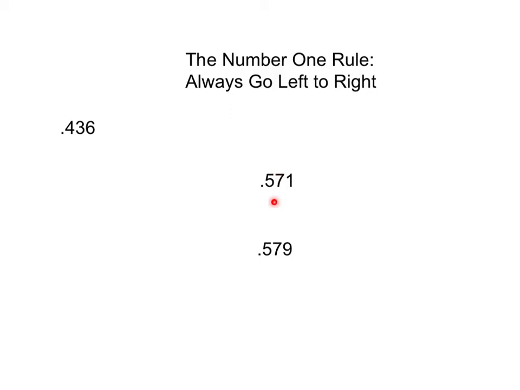This middle row here is the same, so I still follow my rule and move from left to right to the final row. I notice that 9 is bigger than 1, so obviously 0.579 will be the greatest number, while 0.571 will be right in the middle.